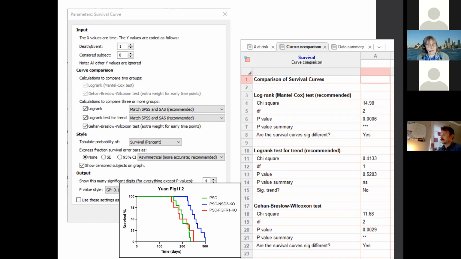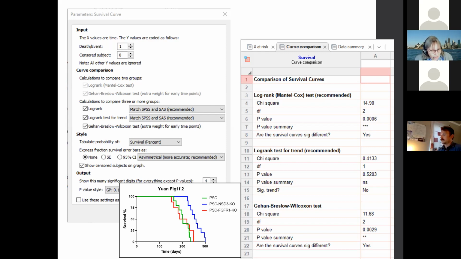And if you put your data in that order in the table, then you could ask for a test for trend, and that will tell you if survival is worse from low grade to middle grade, from middle grade to high grade, and it will give you a test statistic for that. This is meaningless here because there was really no order for these. And so this is not really anything you should pay attention to. I just included it for the example.